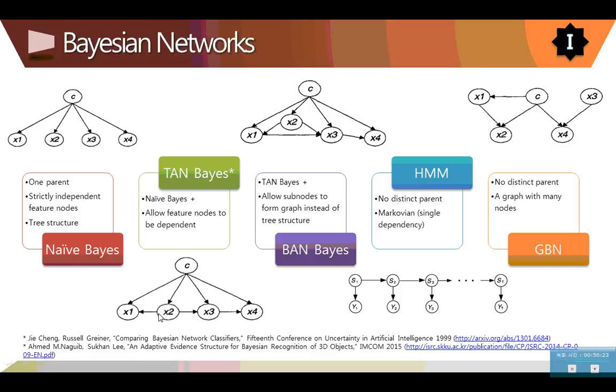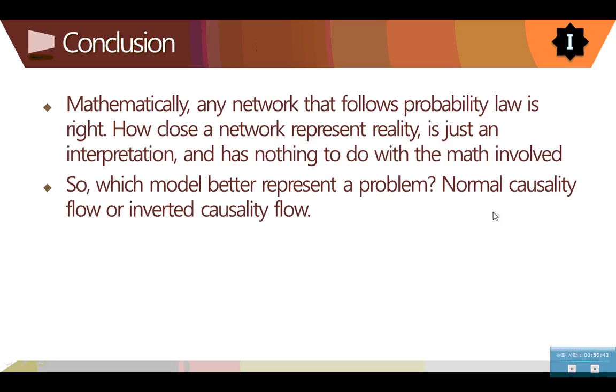The tree-augmented naive Bayesian network allows features to have some dependencies. This one allows subgraphs inside the network. Hidden Markov model has a specific way of connecting the dependencies, and the general network is a general connected network, meaning there is no parent or subparent, everyone is a node.